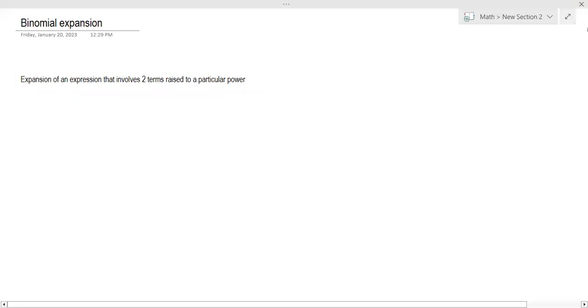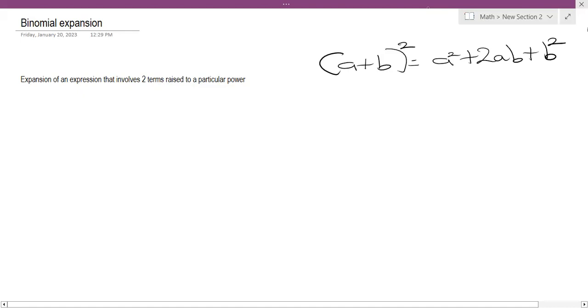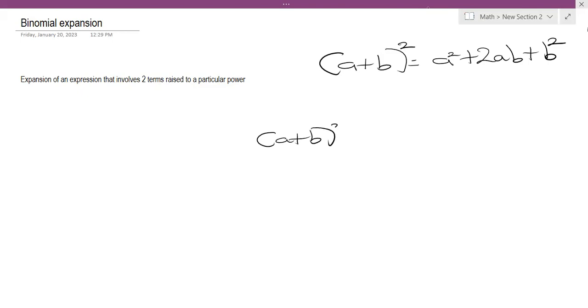So it's expansion of an expression that involves two terms. For example, a plus b raised to a particular power, let's say 2. For most people, that will be easy. It will give you a square plus 2ab plus b square. If you have a plus b raised to power 3, again, a bit longer but not so complex: a cube plus 3a square b plus 3ab square plus b cube.